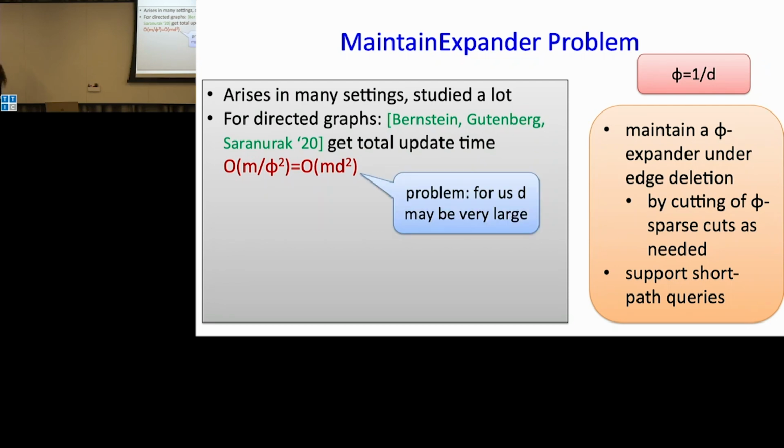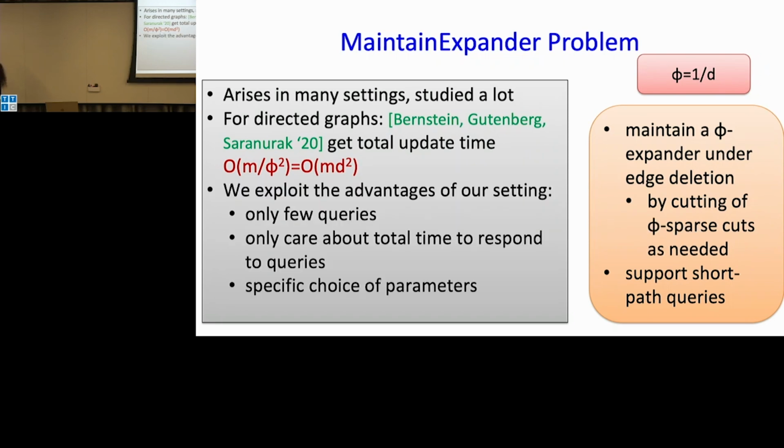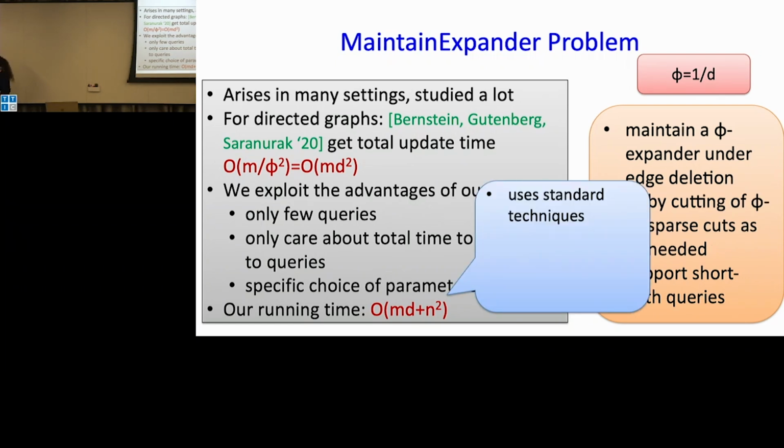So again, in our SODA paper, we notice that there are some advantages of our setting, and we exploit them to get an algorithm whose running time is m d plus n squared, which is enough for us. And I just want to say a few words about how we get this. So this part of the algorithm uses completely standard techniques. But because we're happy with n squared running time, we actually simplify a lot of them significantly.